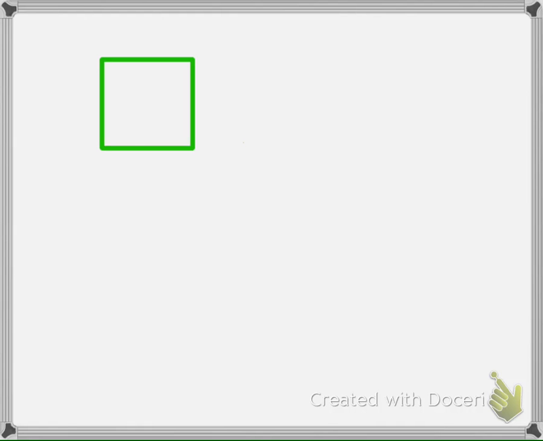Or if I take it just from the bottom and stretch it this way, it's going to be a rectangle. But if I take it from the corner and drag it out this way, then it's going to be wider and longer. So it's still going to be the same shape, just a different size, right?